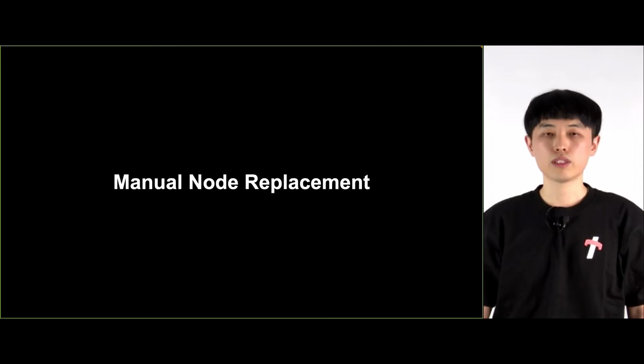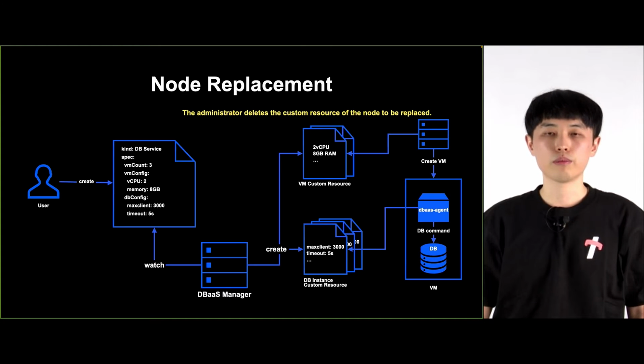The next function is the maintenance of specific VMs or node replacements when there is a software error. The administrator first needs to delete the VM custom resource that the administrator wants to replace. In this diagram, there were 3 VM custom resources, but the administrator has deleted 2.